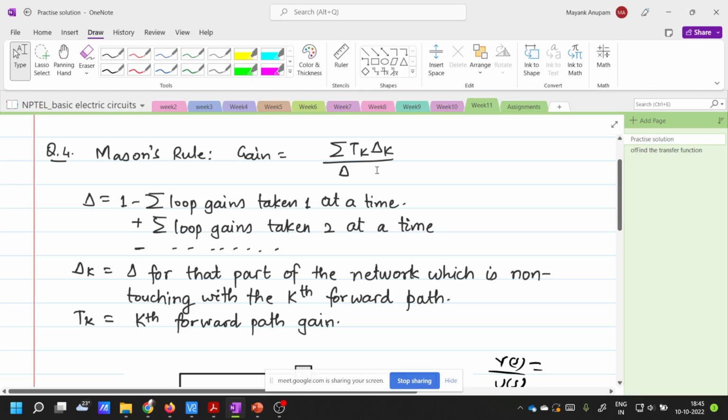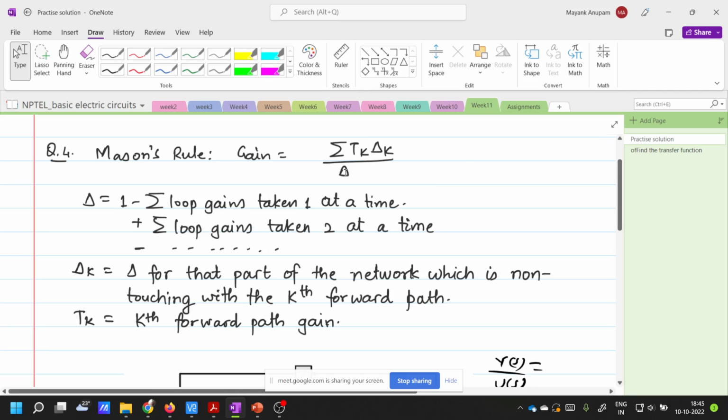This summation will run until the total number of forward paths in this particular network. So the total number of terms in this summation will be equal to the total number of independent forward paths.